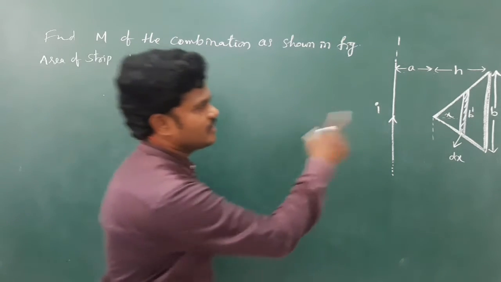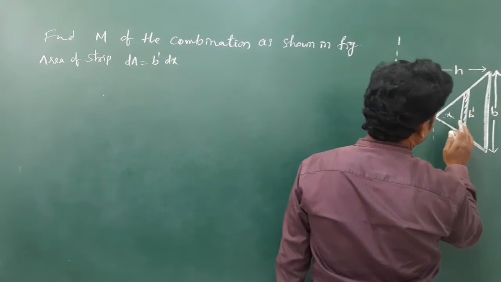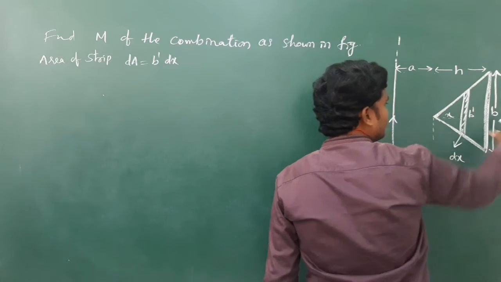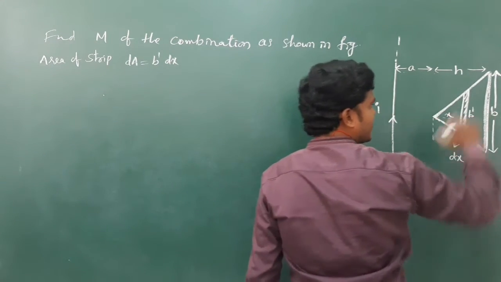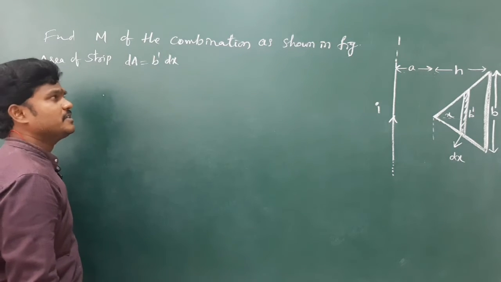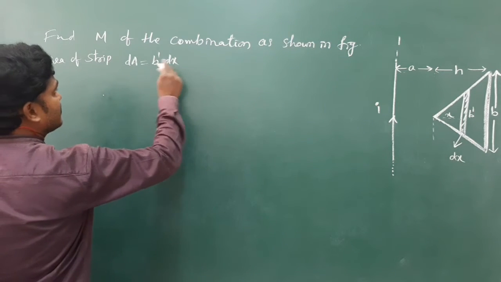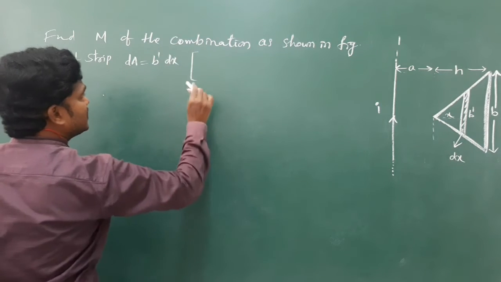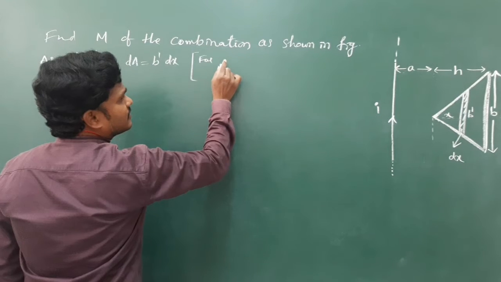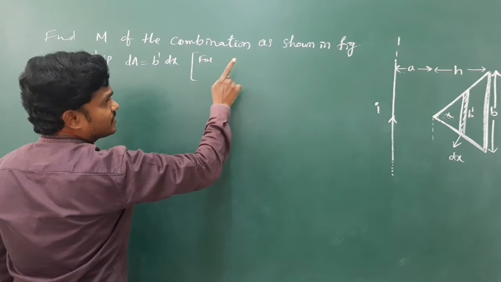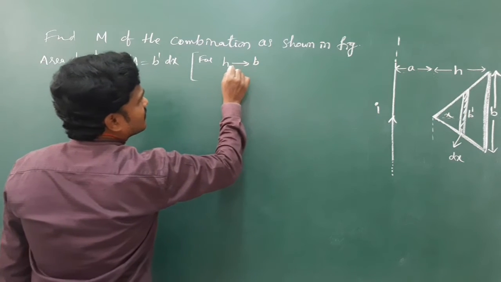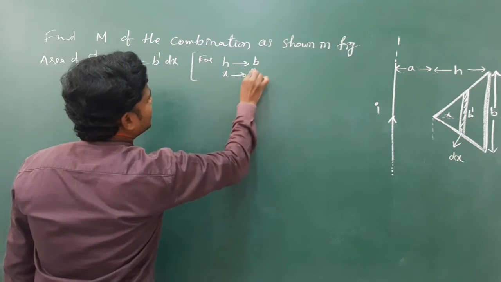Use similar triangle rules. For this height the base is b, and for this height the base is b dash. Use side by side, base by base. For h height the side is b, for x height the side is b dash.